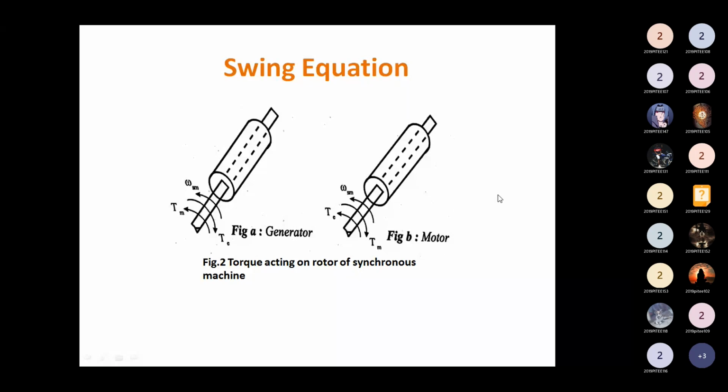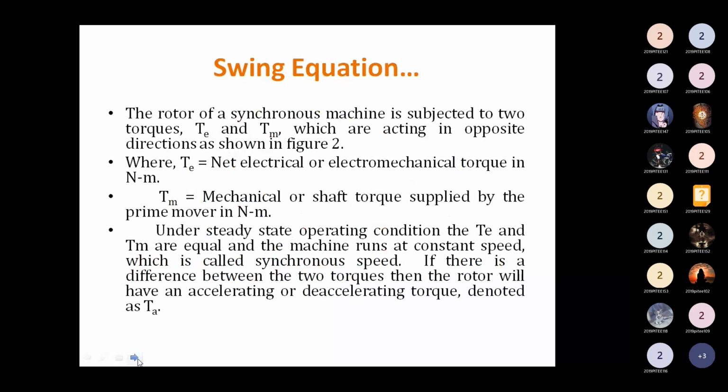So the basis for the diagram: the rotor of the synchronous machine is subjected to two torques. One is electrical torque, another is mechanical torque, TE and TM, which are acting in opposite directions as shown. So in the diagram itself, I mentioned the opposite directions. The notations: T is net electrical or electromechanical torque in Newton meter.